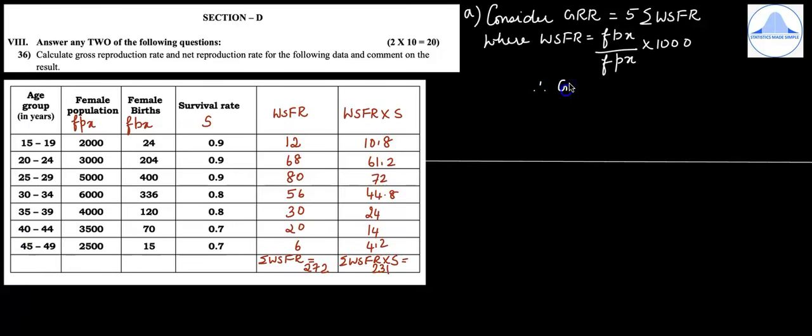Therefore GRR is equal to 5 into 272, which is equal to 1360 female births per 1000 women.